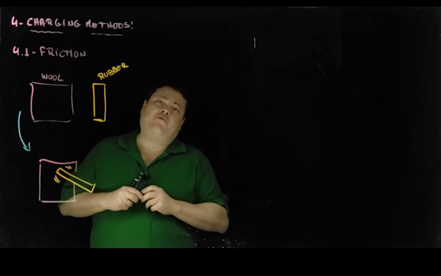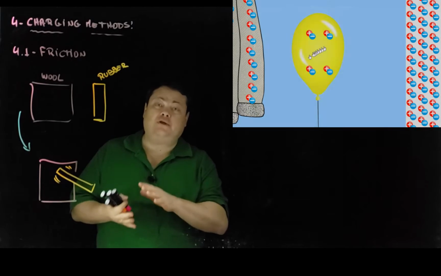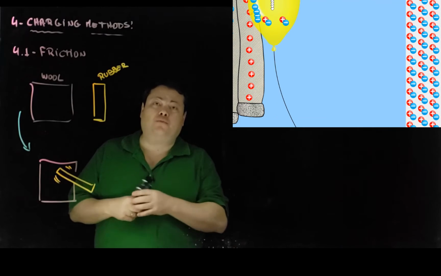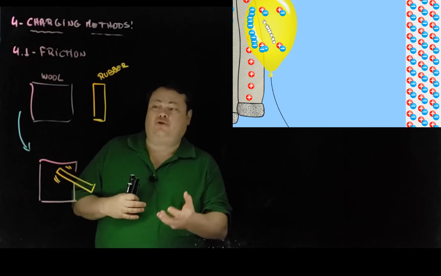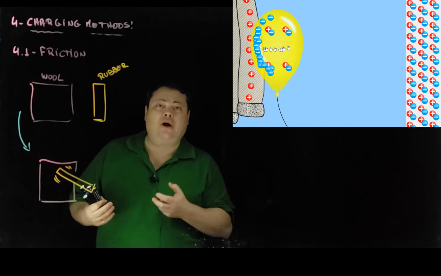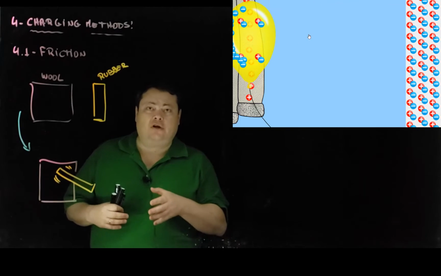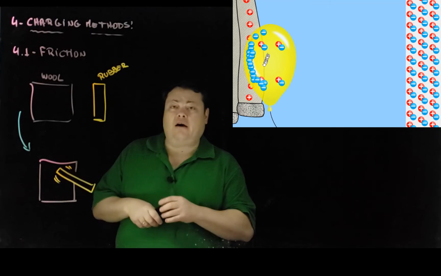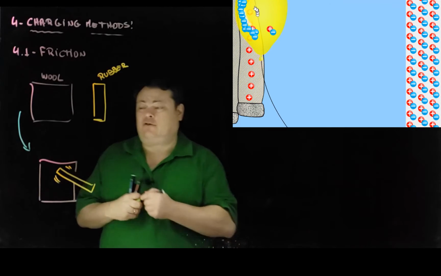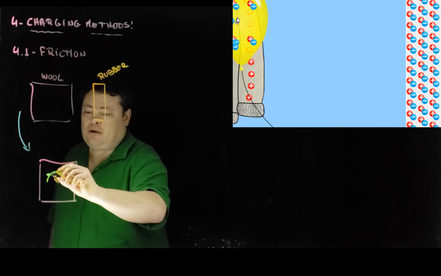And when I do this, I'm forcing the interaction between the atoms of the outermost layers of both materials, pushing energy into both. Now, one of those two materials is more likely to attract electrons than the other one. It's more electronegative. And then I'm going to have a net transfer of electrons to this one. On the PhET simulation, we have this net transfer of electrons from the wool to the rod or to the balloon.